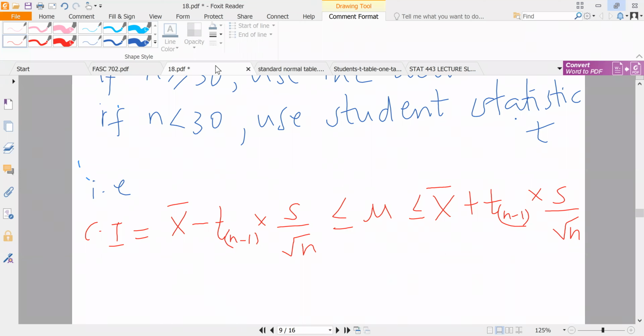So for instance, we are only estimating one population parameter mu, and that population parameter mu can be estimated using X bar. So if you have a sample size of N, and you are estimating one parameter, then we say that you are losing 1 degree of freedom because of this parameter that you are estimating.